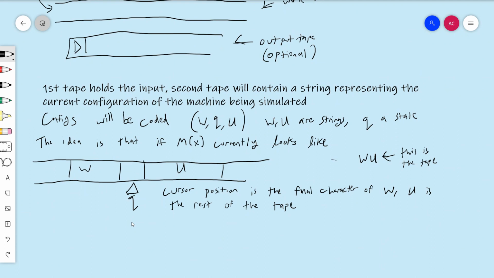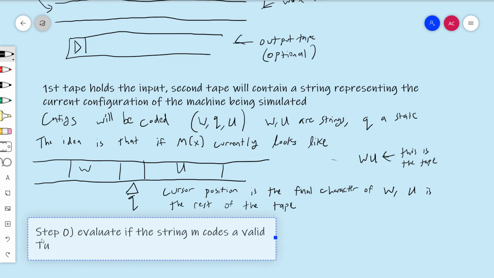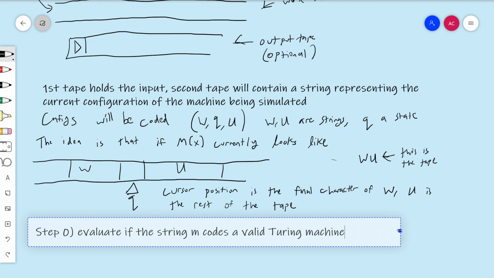So technically there's a step 0. I'm going to go ahead and address this now. Step 0 is to evaluate if M is a valid Turing machine, if the string M codes a valid Turing machine. And again, you can always do this.